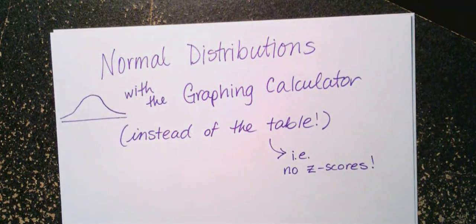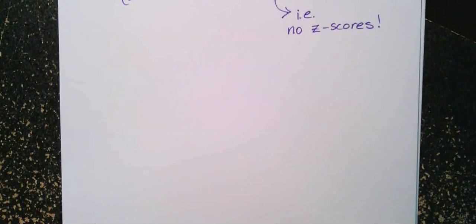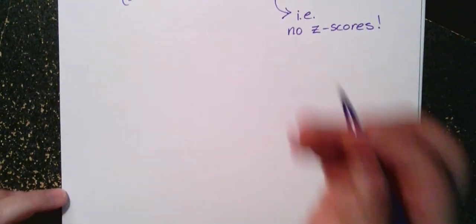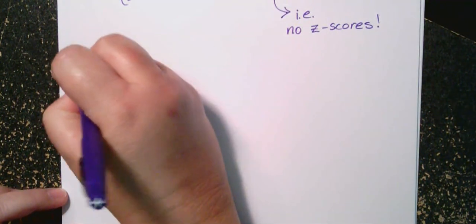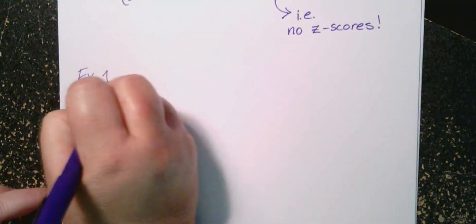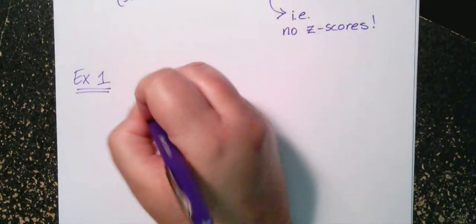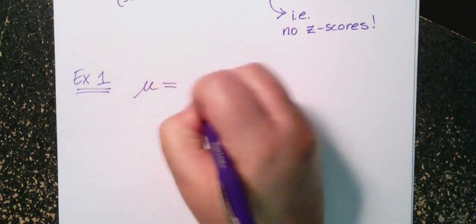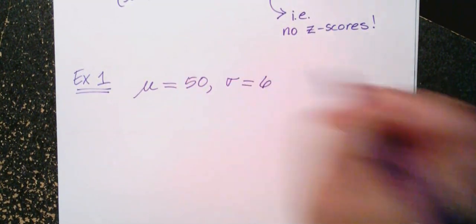So let's look at a pretty simple example, and compare what it looks like with Z-scores to what we can do with the calculator. So let's call this example 1. I have a certain set of data that is normally distributed. I need to know that it's normally distributed, and it has a mean of 50 and a standard deviation of 6.